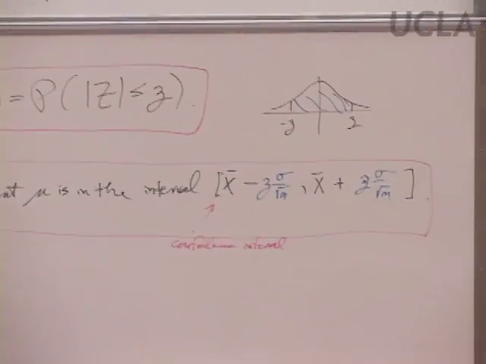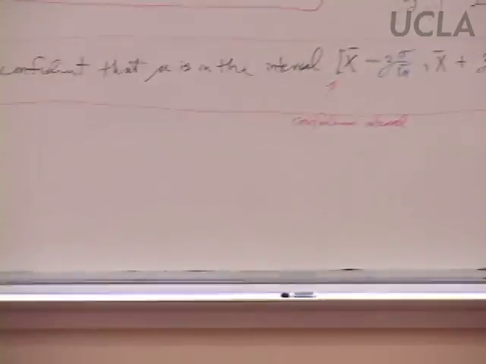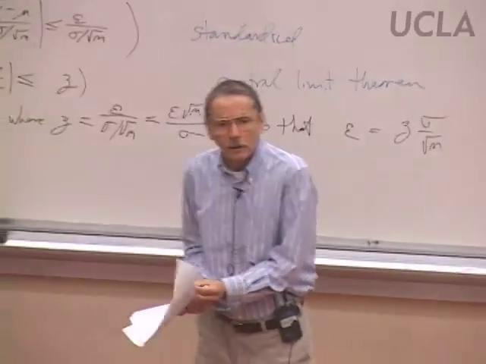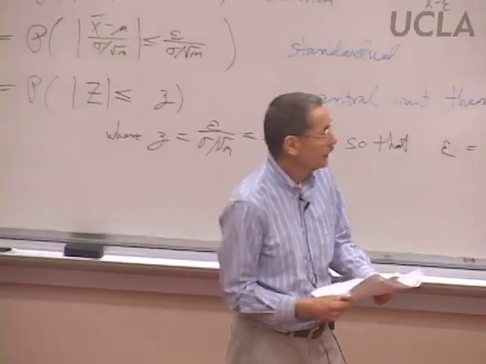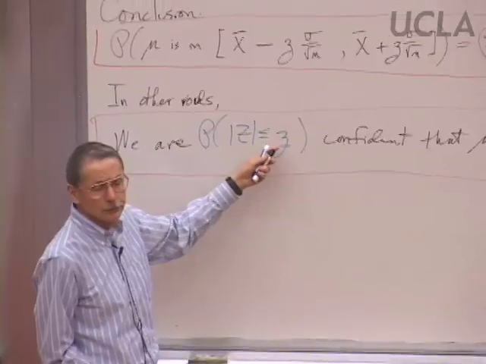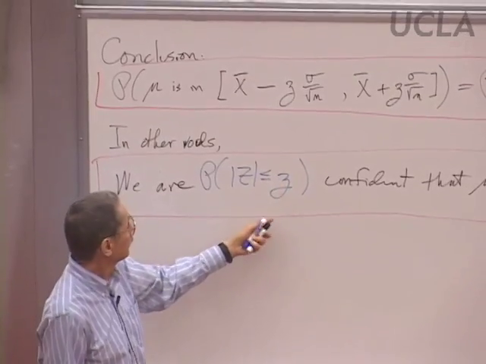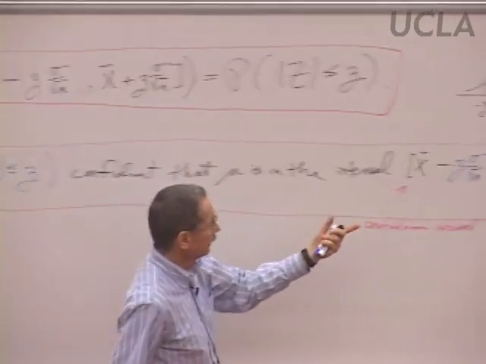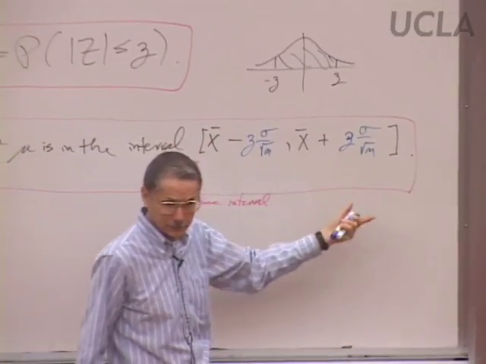Yeah, but how confident are we? Well, that's going to be given by this number. And we will choose different values for z depending on how big we want this to be, and that will affect how big this interval is.